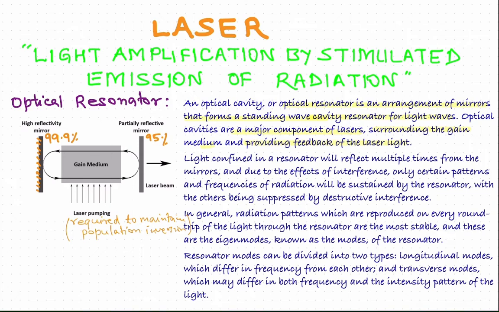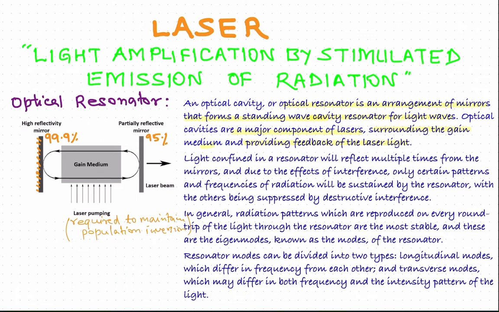So you can see here that there are two mirrors. The first mirror is of high reflectivity and the second is partially reflective. And this is the gain medium.